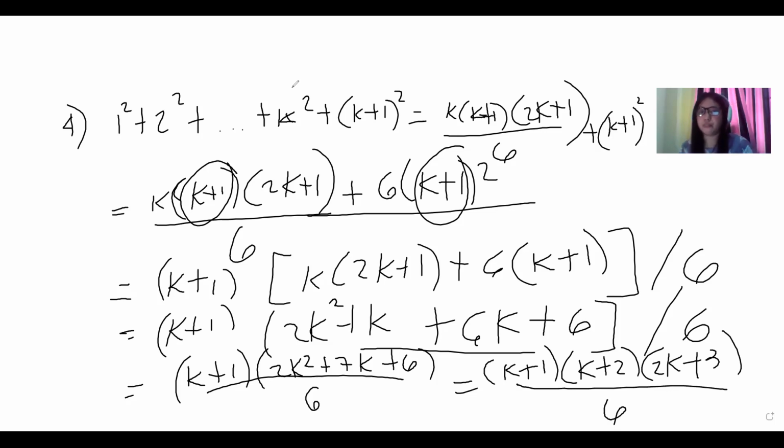If you factor 2k squared plus 7k plus 6, that is k plus 2 multiplied by 2k plus 3. Since P sub k plus 1 is the same as the value that we obtained here, therefore the proof is complete. This is how we use mathematical induction in proving.